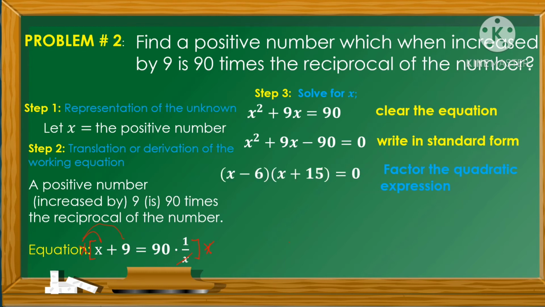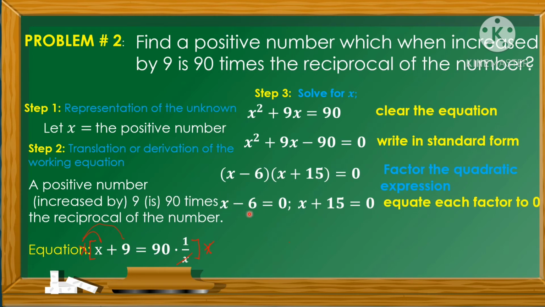So, ang factors niyan ay x minus 6 times x plus 15. Then, equate each factor to 0. So, you have x minus 6 equals 0 and x plus 15 equals 0.